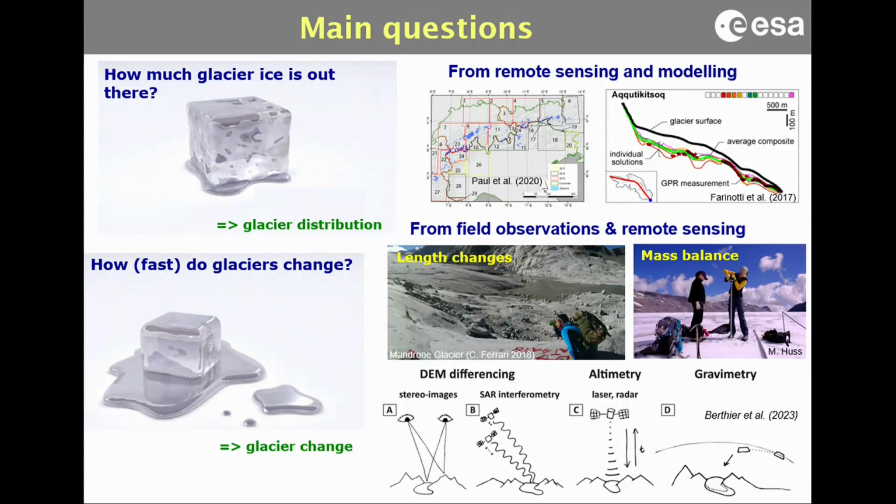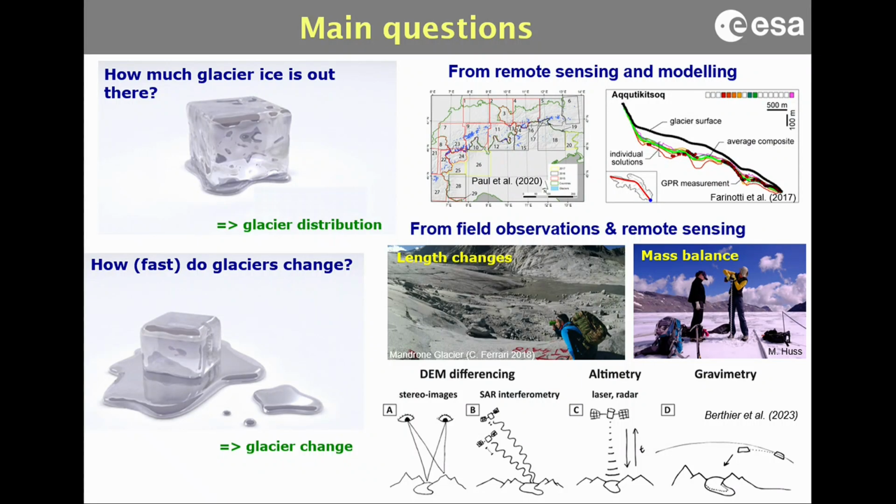And then we have the remote sensing part, where we go to different techniques. A few have been mentioned already. This is differencing of digital elevation models, altimetry from laser or radar, and gravimetry for the larger ice masses.